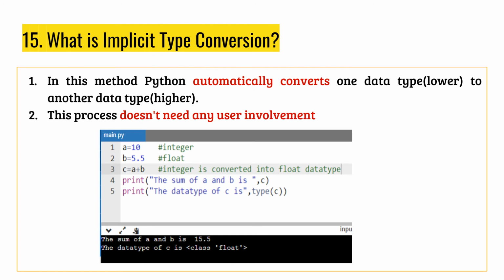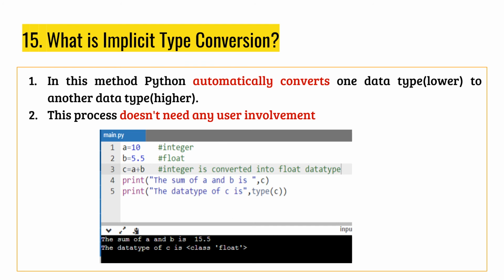Right. So here, before proceeding into the implicit type conversion, I wanted to check what the type of C is, because I haven't assigned a value directly like I assigned A and B. In A I am assigning an integer value, so A becomes int. In B I am assigning a float value, so it becomes a float.